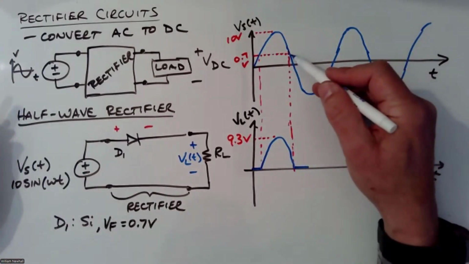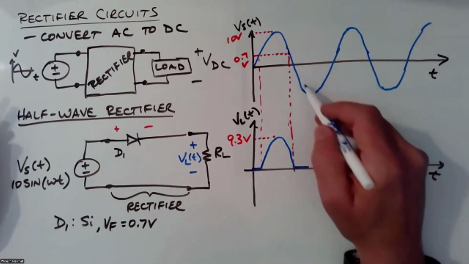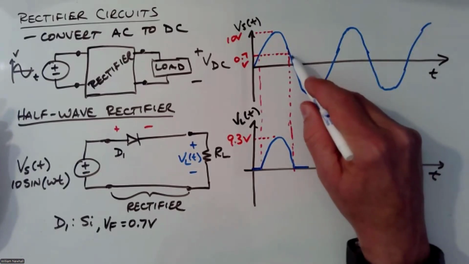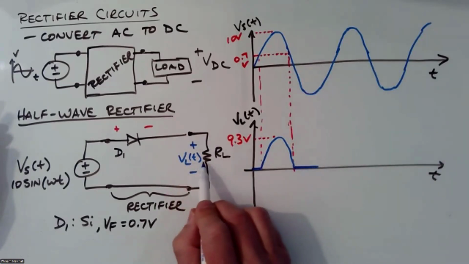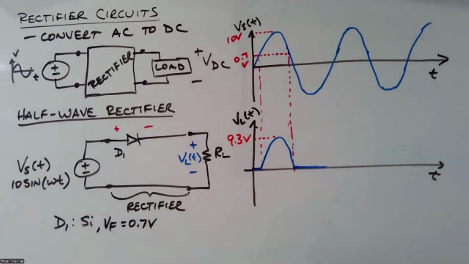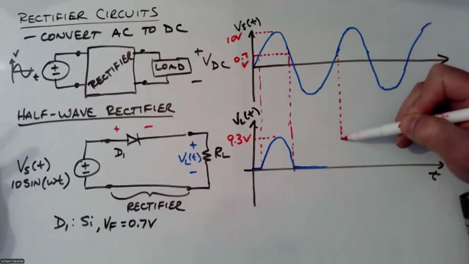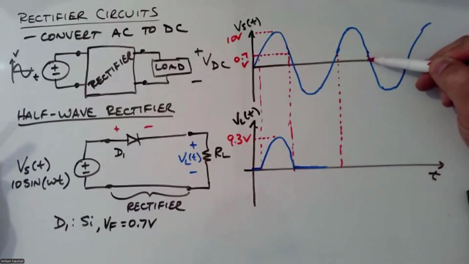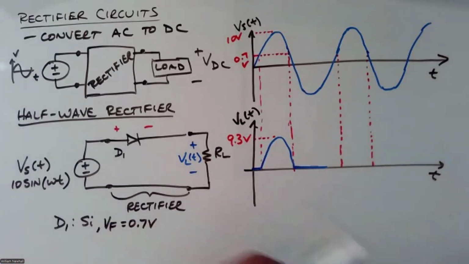And then the source voltage goes below 0.7 and it goes negative. And we know from the last problem that when we have a voltage less than 0.7 volts, you get zero current. So there's going to be, by Ohm's law, 0 volts across the resistor, until you get another pulse of current through the resistor.